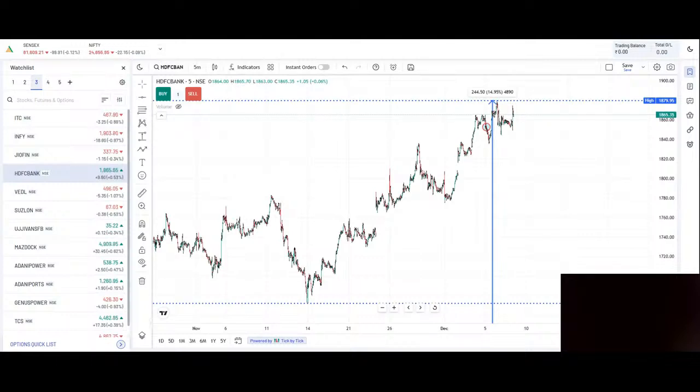Here is the HDFC Bank. So what I'll do is I'll just hold it for some time and I will just follow it.